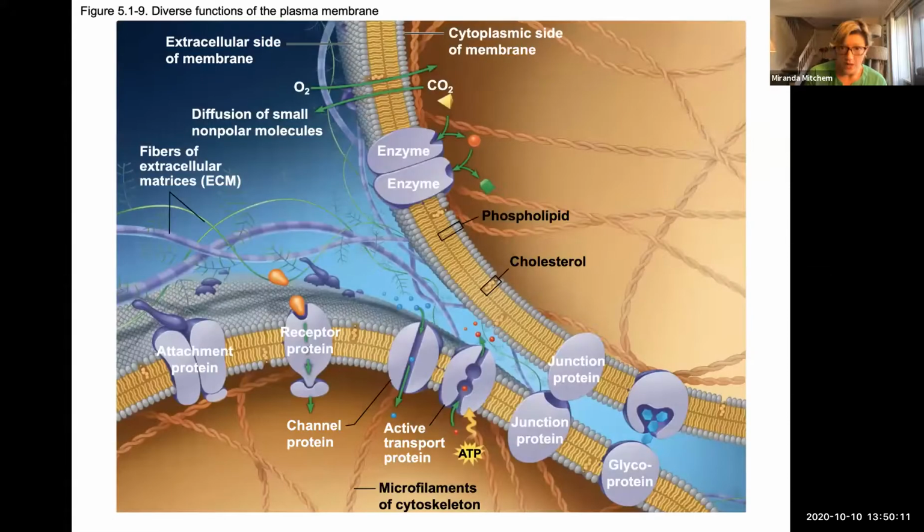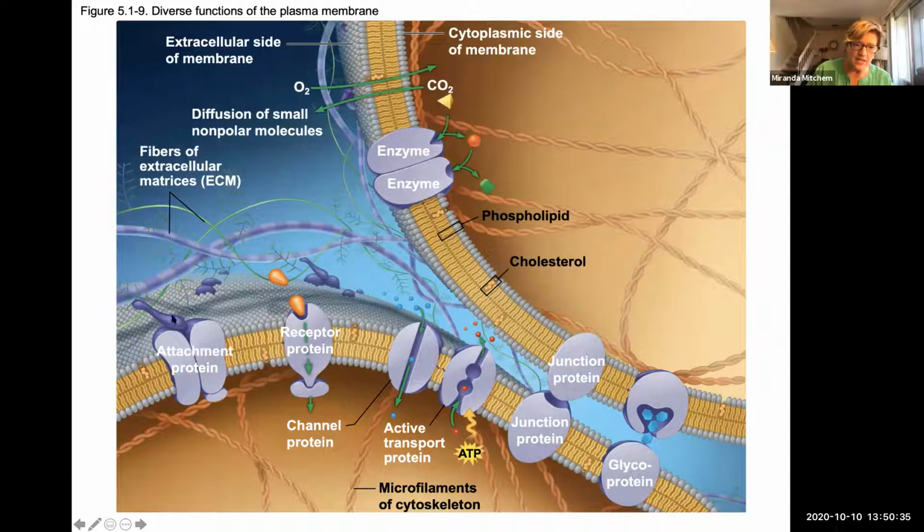All right, so putting it together, now we've got where we started. We've got diffusion of the respiratory gases and other small, nonpolar molecules. They move right through by diffusion. We've looked at the example of proteins that are enzymes present in the cellular membrane, and we looked at a sequence.